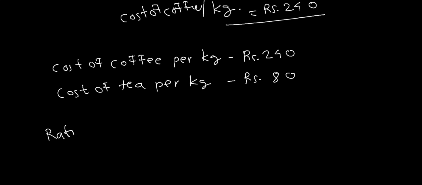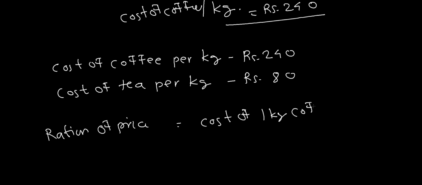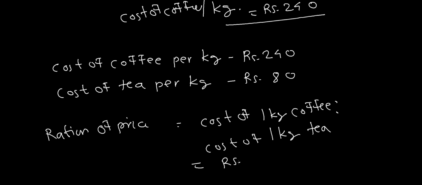So the ratio of price is equal to the cost of 1 kg coffee is to the cost of 1 kg tea, which is rupees 240 is to rupees 80, that is 240 is to 80.